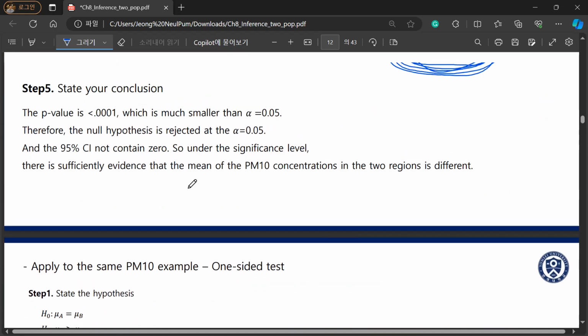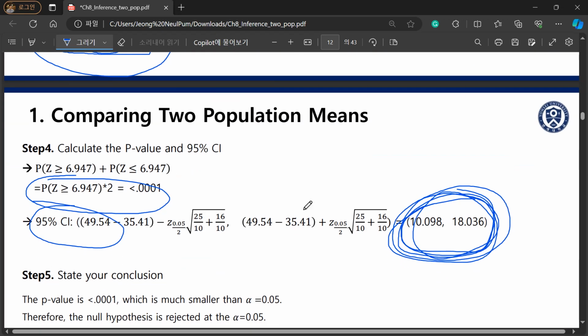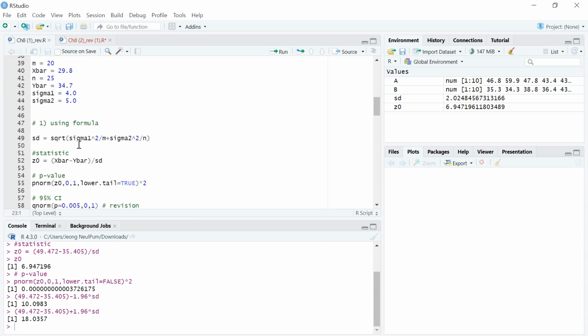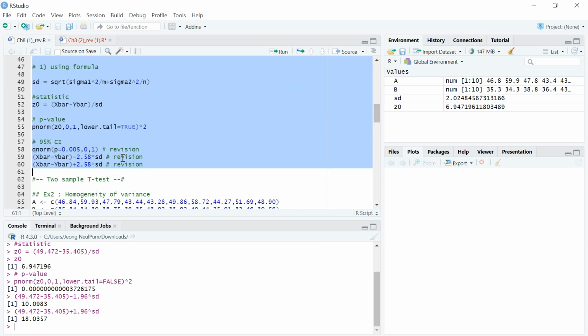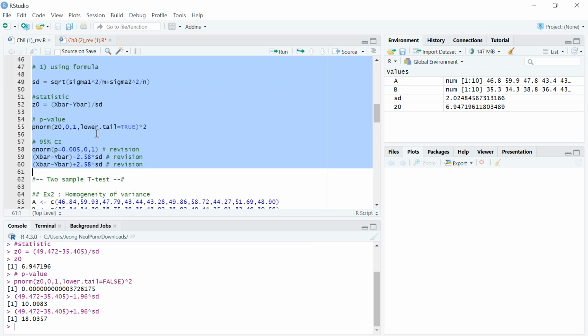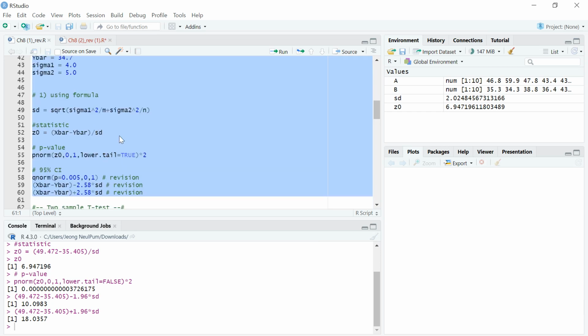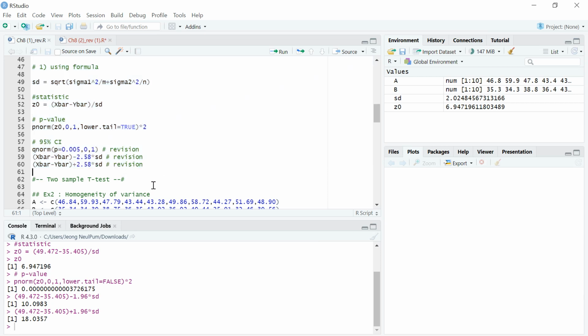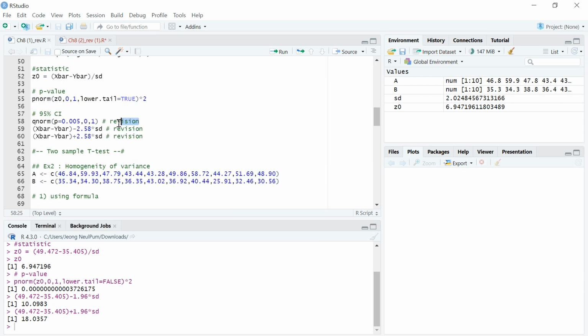So the solving process has to be the same as the previous one, example number one. So I prepared the code for solving this problem. You can run this code and check if your answer is the same as the sum. And I also marked the revision here because I updated the code from the previous one, so do not be confused. I think this is closer to the answer.